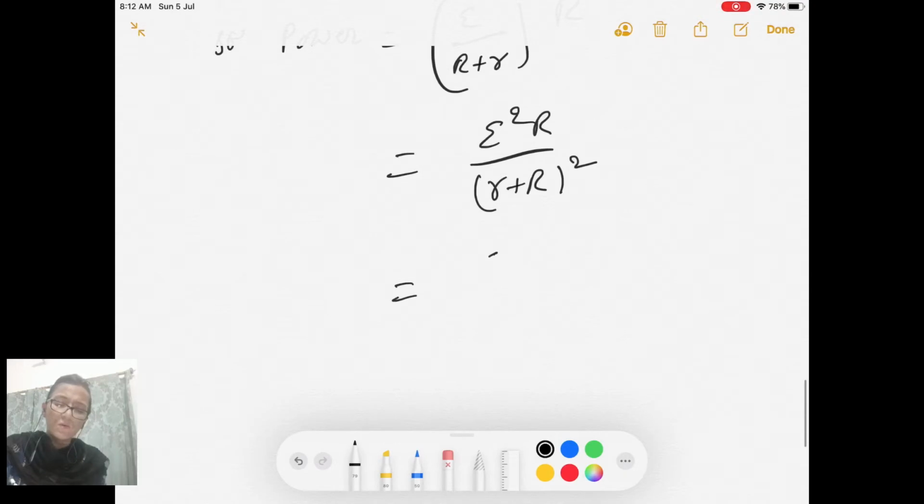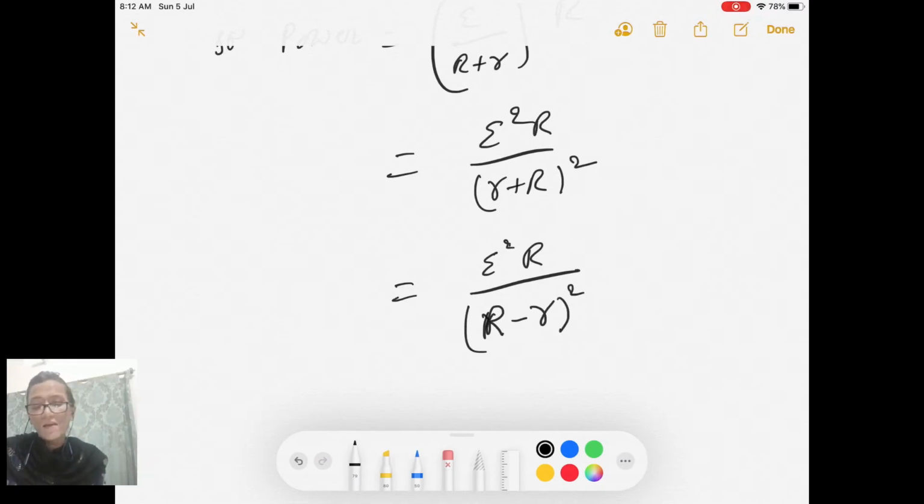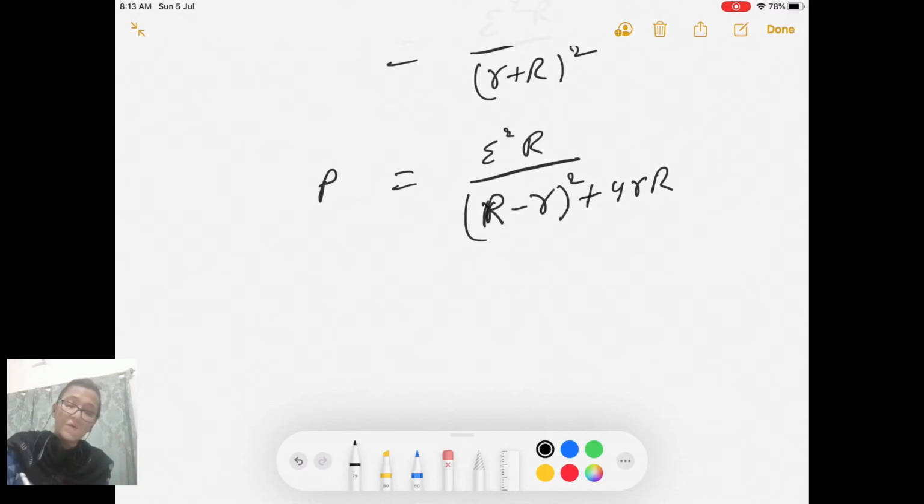You can convert this a plus b whole square kind of thing into a minus b whole square kind of thing. Here you need to add a term 4Rr. So power is equal to this much.